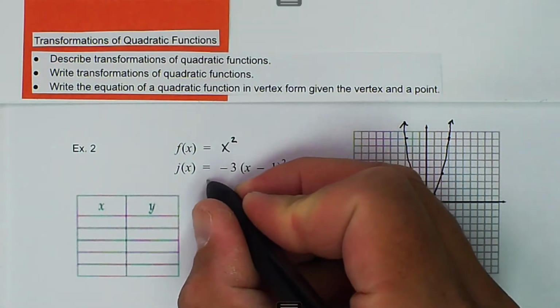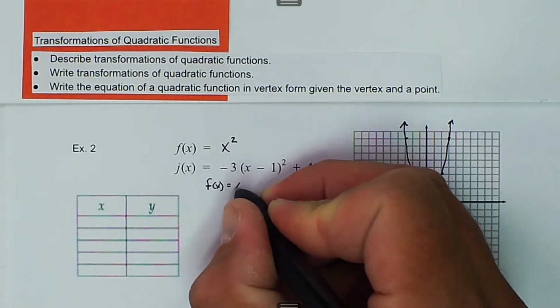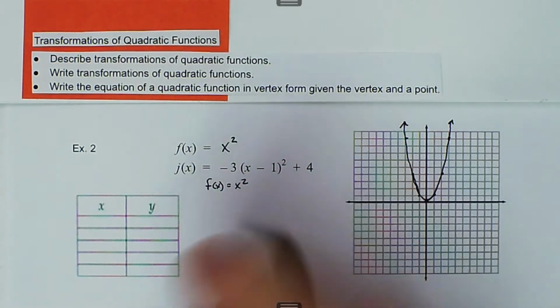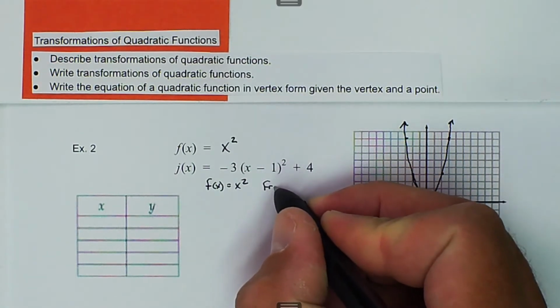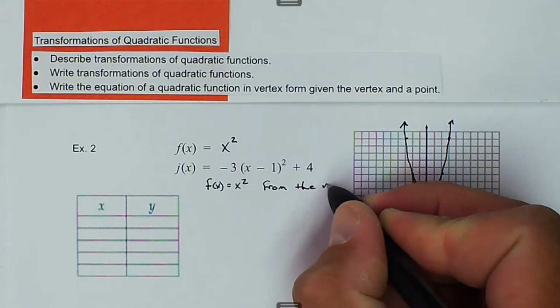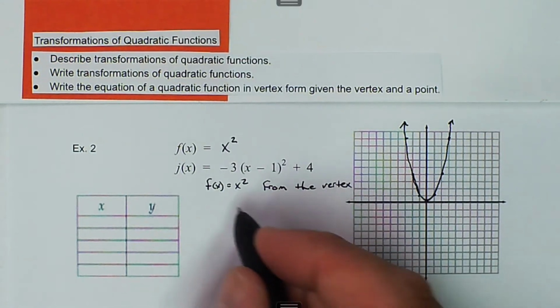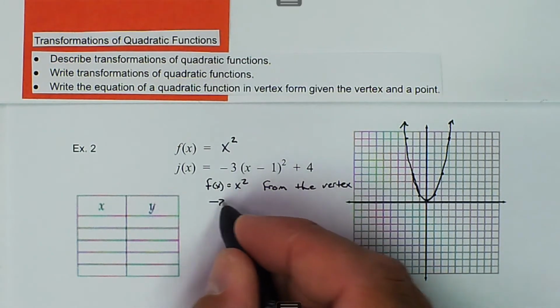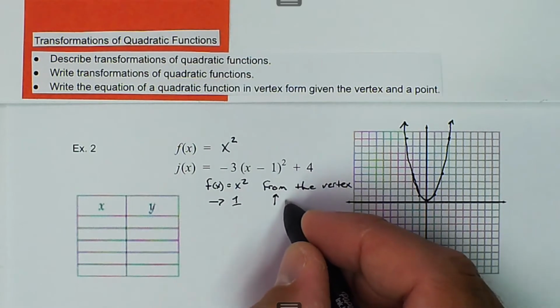So for the parent function, if we're just going from the vertex, we're going to start by going to the right 1, and then we're going to go up 1.